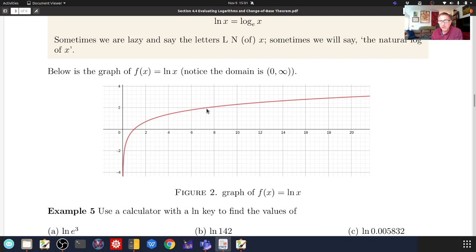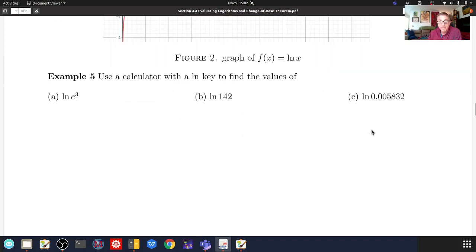Up here, it slowly increases. I think we can prove it is the slowest increasing continuous function. It seems like that's what I learned at some point and figured out.